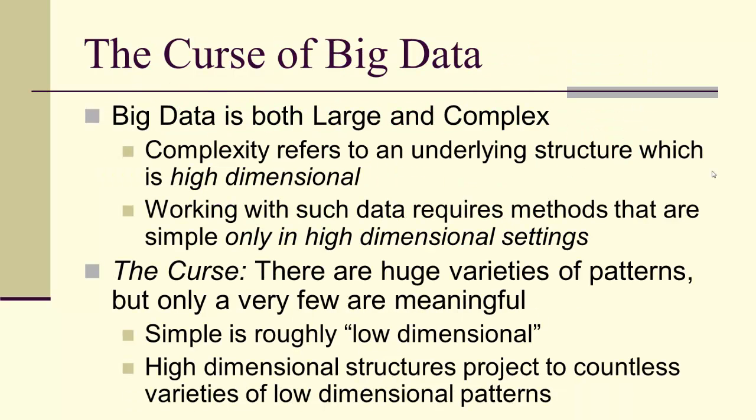In particular, there's a thing called the curse of big data. Now, big data is both large and complex. Complexity refers to an underlying structure which is high dimensional, and working with such data requires methods that are simple only in high dimensional settings, such as linear separation or drawing without having any edges cross.